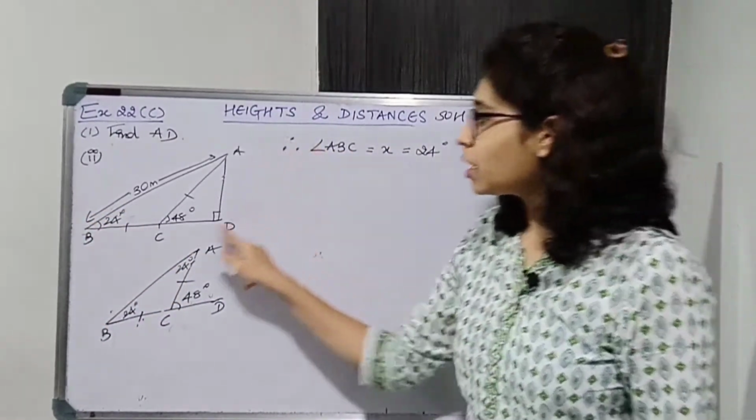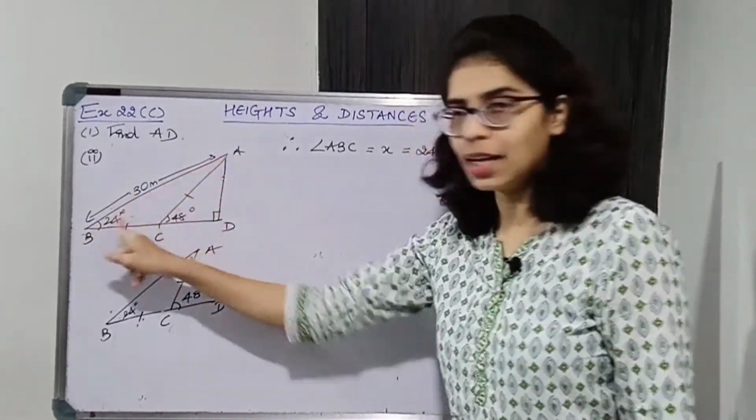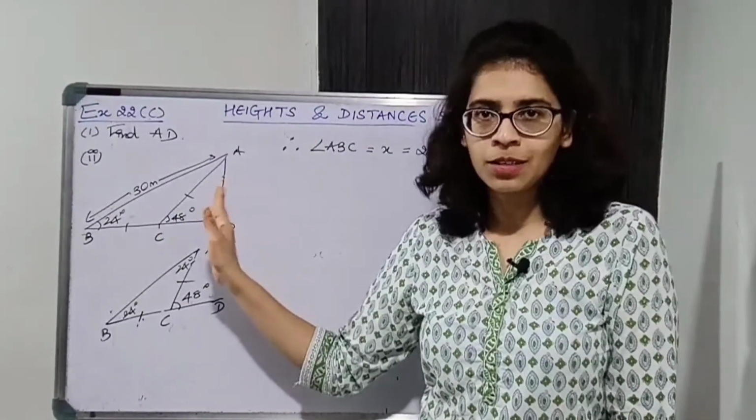Now we'll consider triangle ADB. Okay, so just write down ABC is nothing but ABD. ठीक है, so even if you don't write, it's understandable from the diagram.